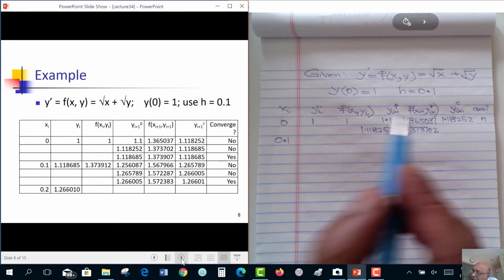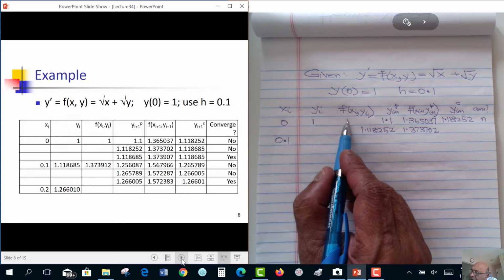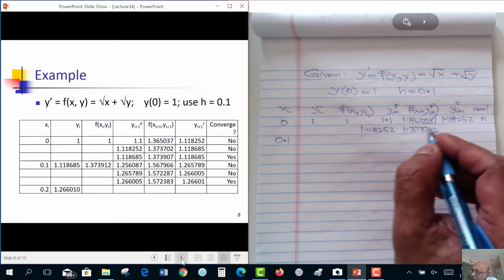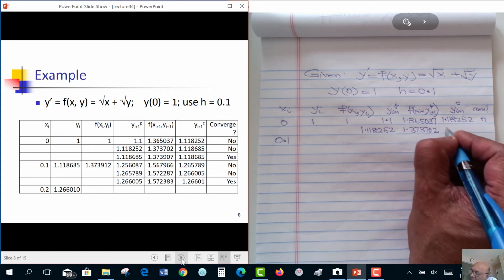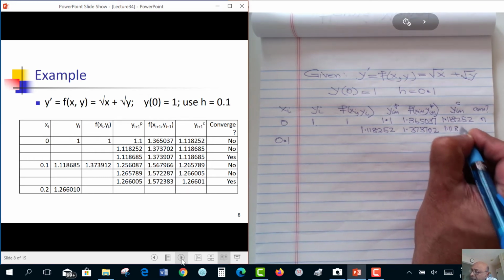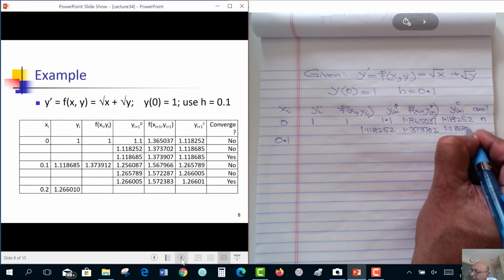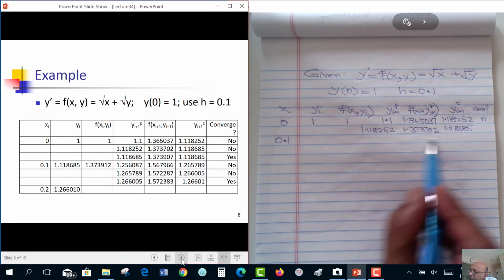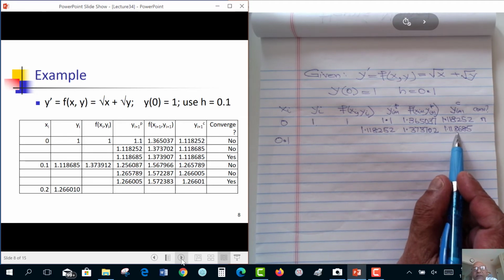Then we average these two function values times 0.1 plus 1, and we will get 1.118685. So now notice we have matched 3 decimal digits.